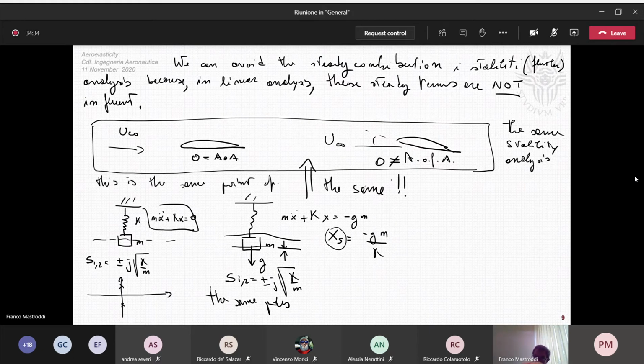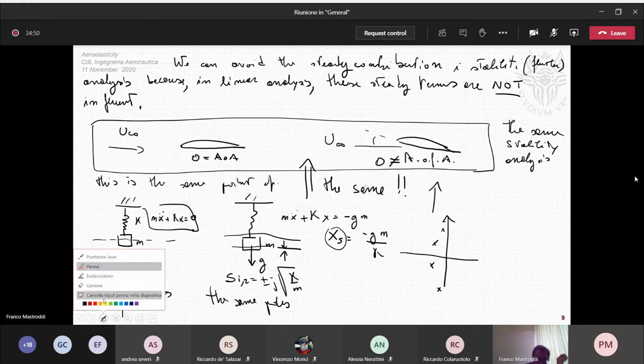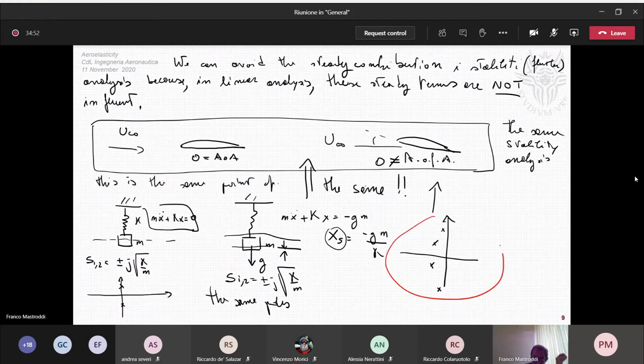But the poles, which in this case are not marginal poles, but they should be something like that in the elastic system. You should have hopefully stable poles like this. The poles do not change in both the cases.